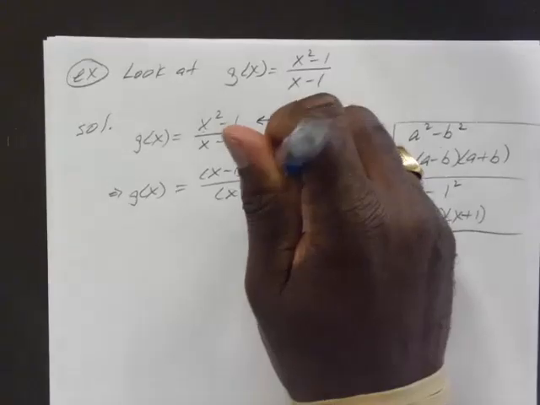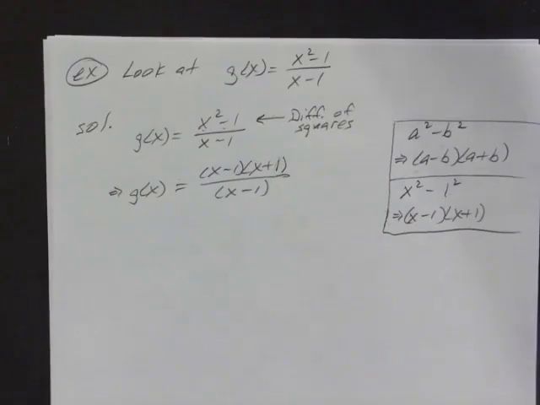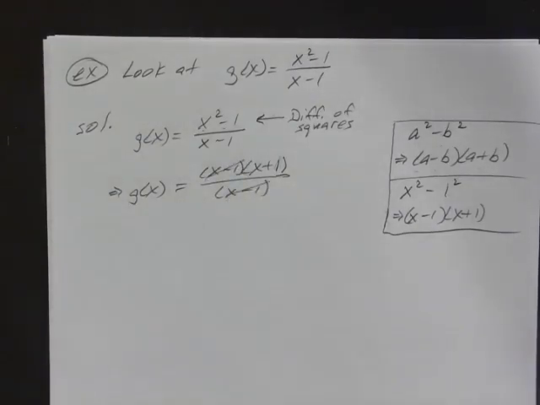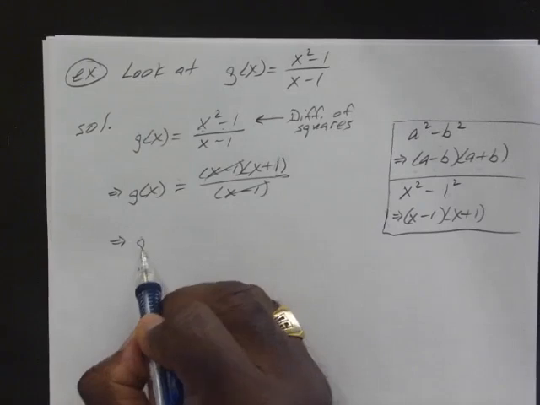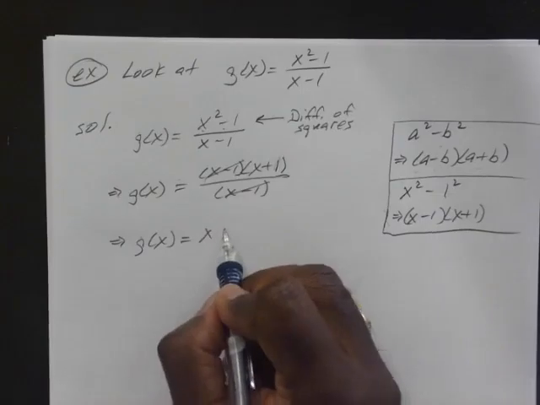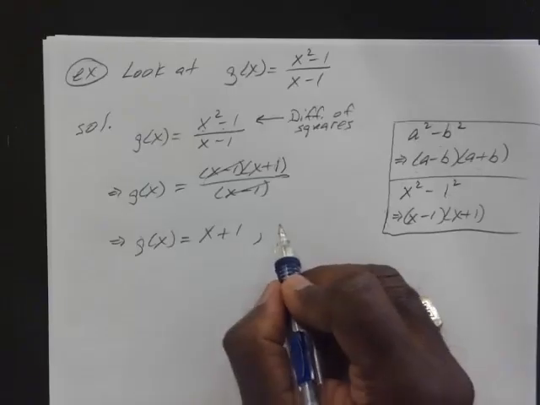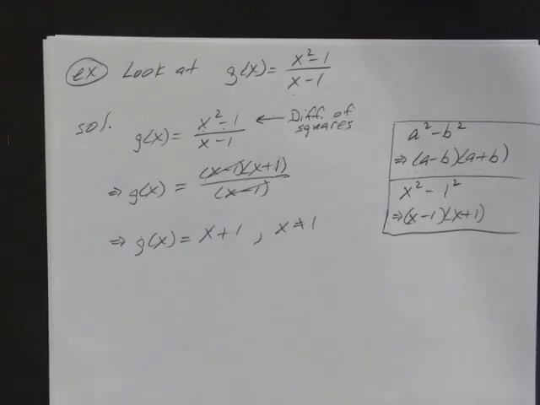Okay, we see x minus 1 cancels out. So we know that g of x is just equal to x plus 1. But we still have the condition that x cannot equal 1, because that will give the denominator 0.